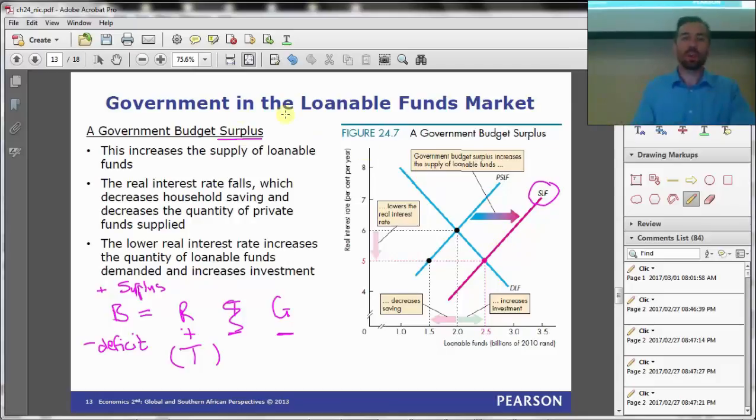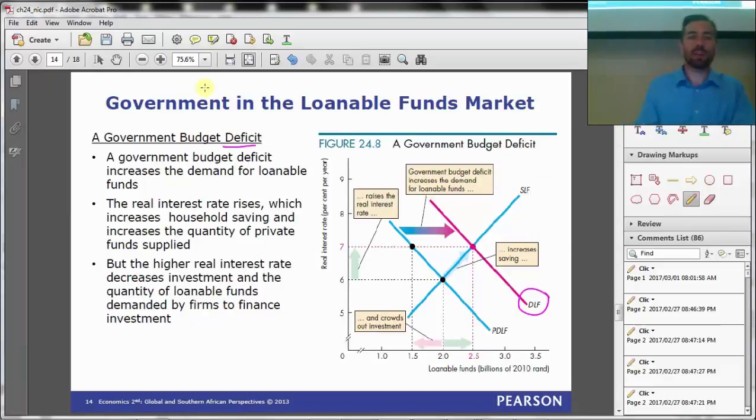However, you can also think of a government deficit. If a surplus shifts the supply curve to the right, that's a surplus. You can also think of the government deficit shifting the supply curve to the left. Okay?